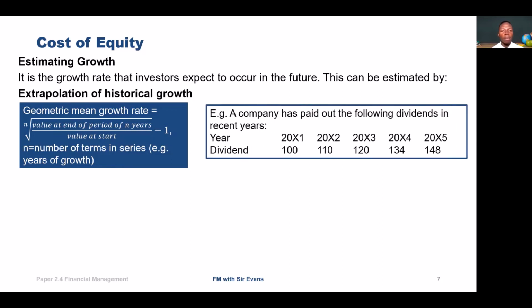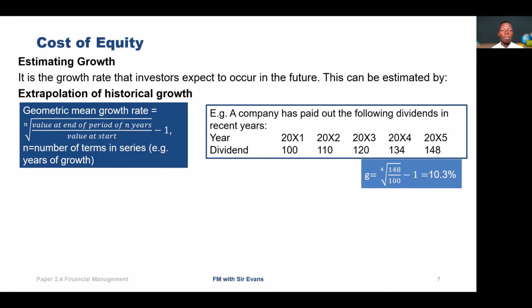So an example, a company has paid out the following dividend in recent years. We have 100 for 20x1 and 110, 20x3, 20x4, and the last year 20x5 is 148. So how then do we estimate the growth? We can see that the growth is not even. So using the geometric mean growth rate approach, our growth is equal to the fourth root. Now the 4, which is the n, is the number of terms in the series, so the years of growth.